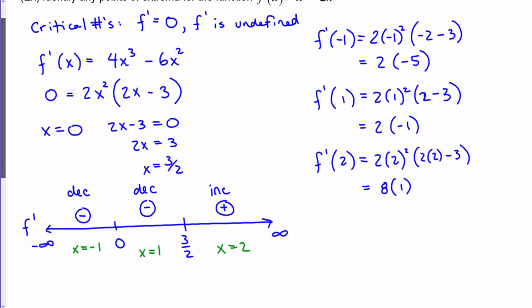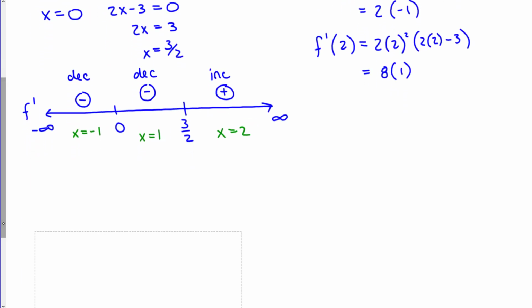So what we can determine is that at x equals 0, I go from an interval that is decreasing, so it's getting smaller in value, and I reach a relative extrema, and then it continues decreasing. So what happens there is we don't actually have a minimum or a maximum. This is neither a minimum nor a maximum.